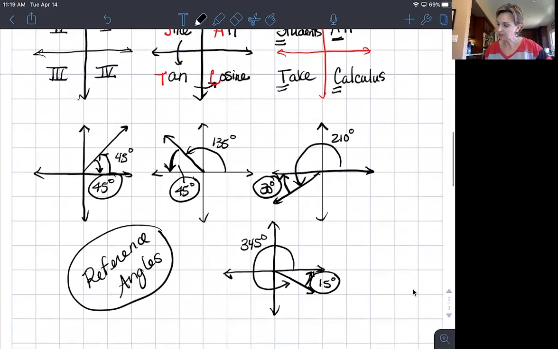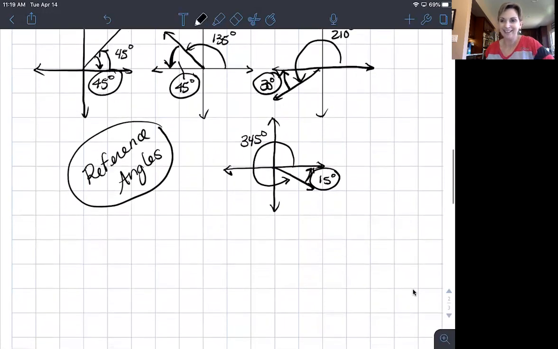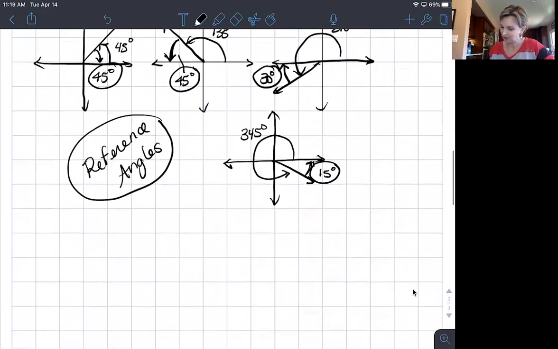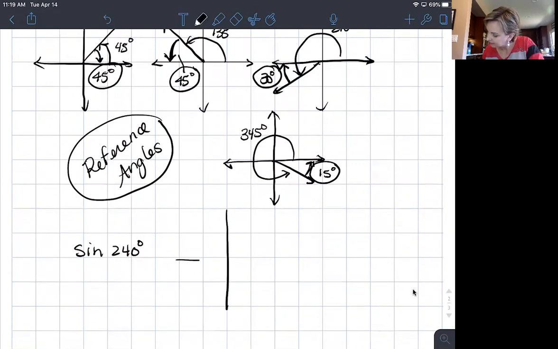So now we need to put some of this together. Okay. Here's why we're doing this. Let's say I want to find the sine of 240 degrees. 240 degrees, where is that at? Right, that's going to be over here in quadrant 3, 240 degrees.